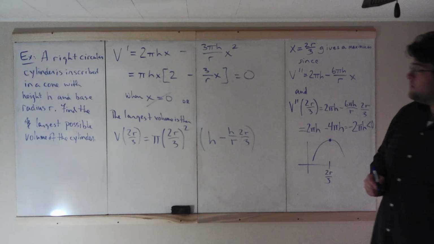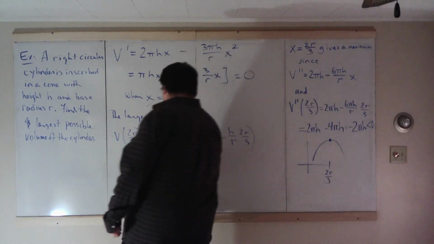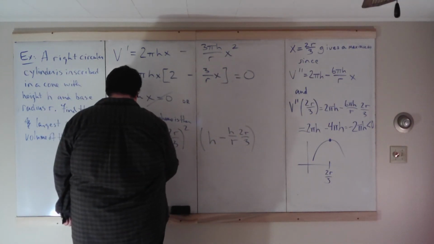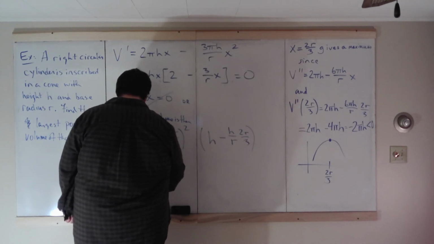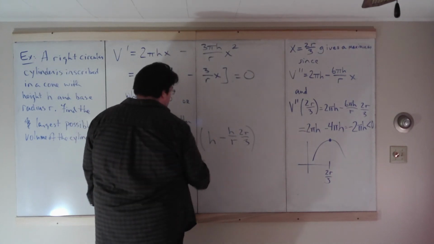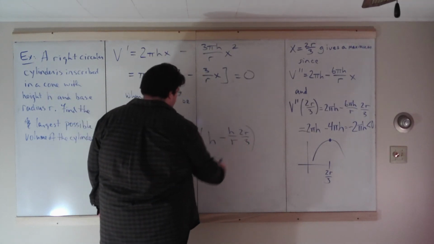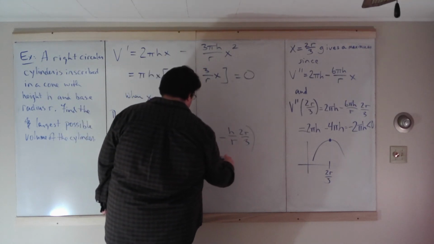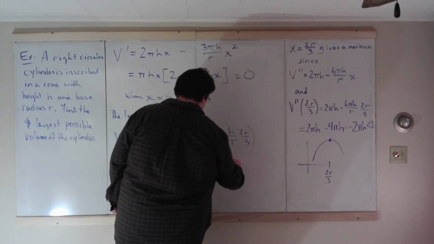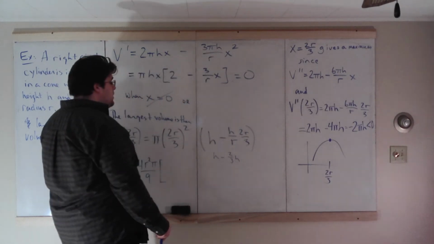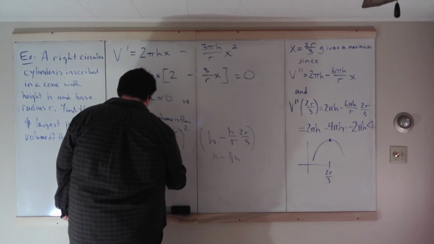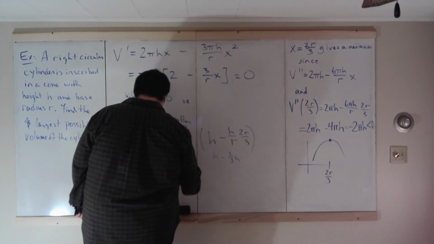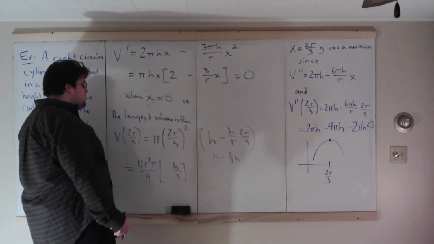Well, simplify that. So it equals 4r squared pi over 9 times h minus 2/3 h, because the r's cancel. So this parentheses just simplifies to 1/3 h, which is why I used the factored form.